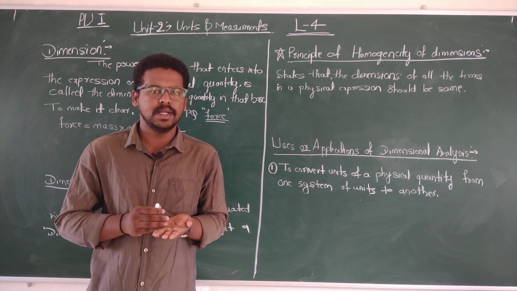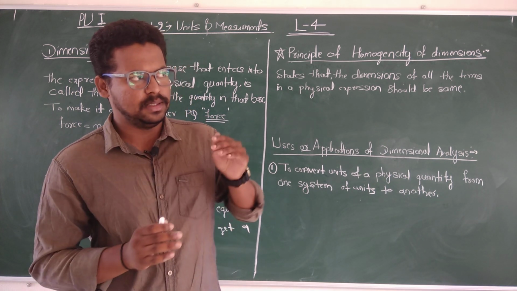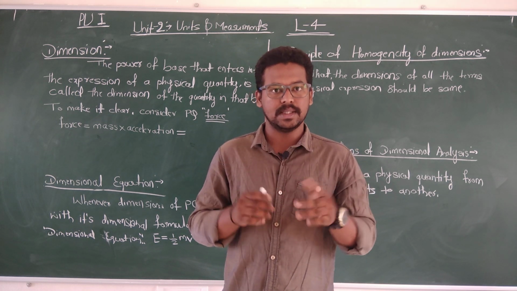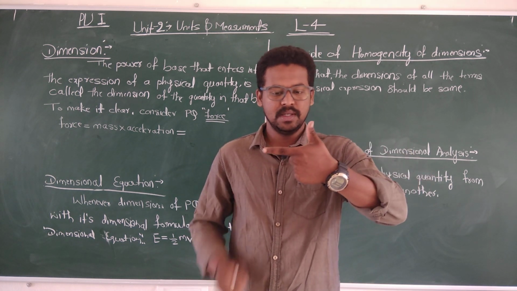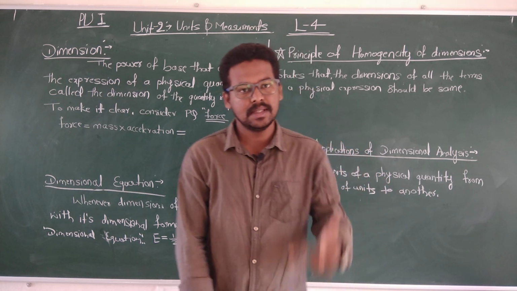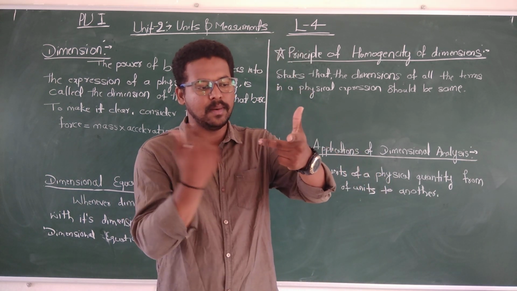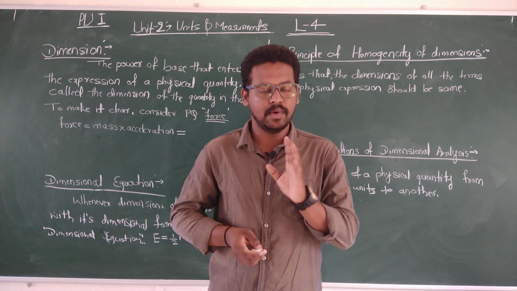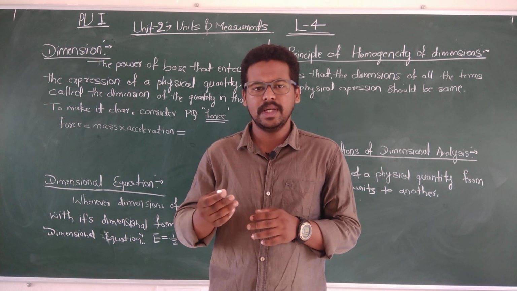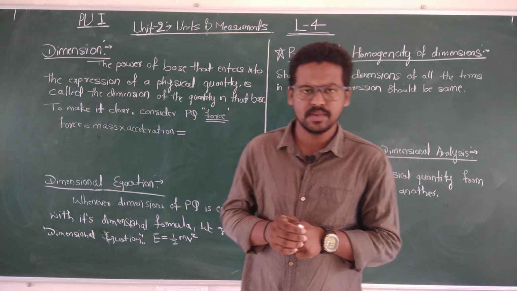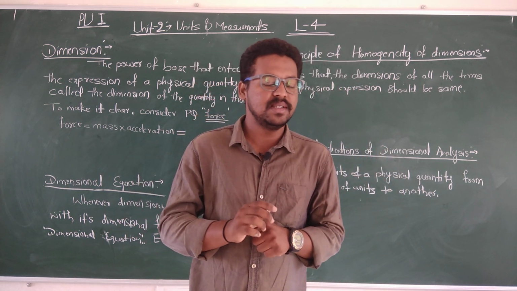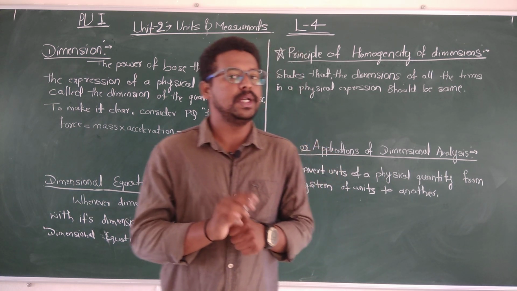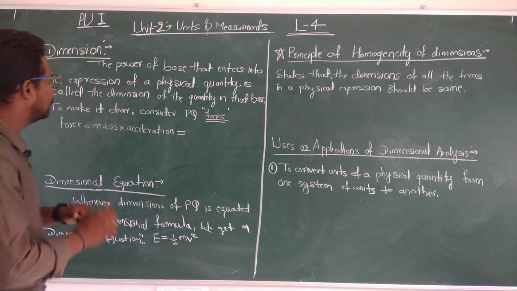A 1D movie means only one direction, 2D means two directions, and 3D means three directions, which are mutually perpendicular. 4D means space. We already know this about dimension, but in physics the dimensions come with their own properties and nature. So let's discuss it.